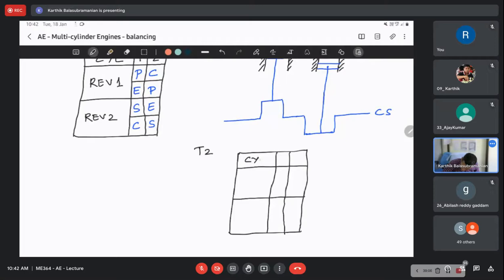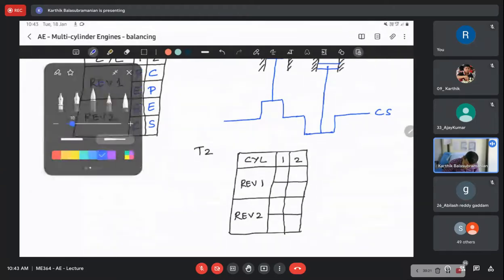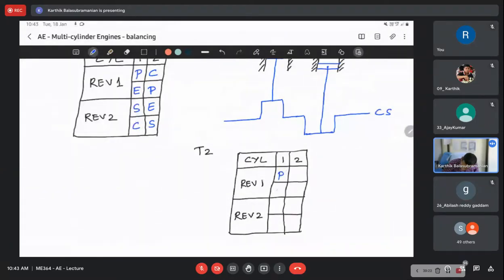Cylinder 1, 2, revolution 1 and revolution 2. Now let me consider the same sequence for cylinder 1. P, E, S and C. So there is power stroke, exhaust, suction and compression for cylinder 1.